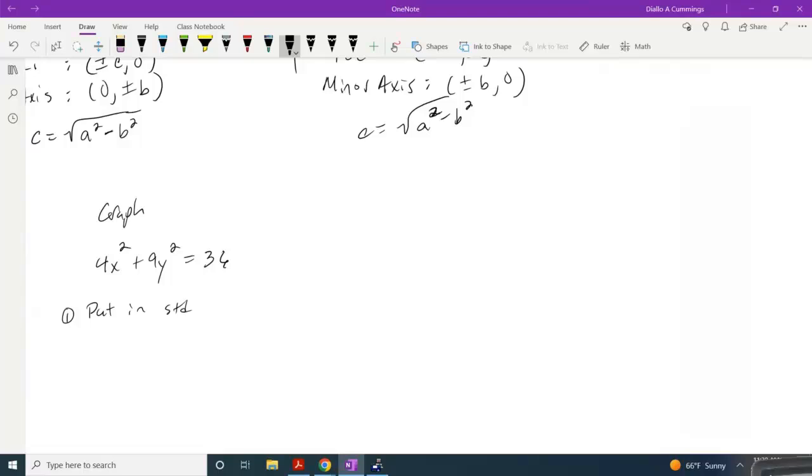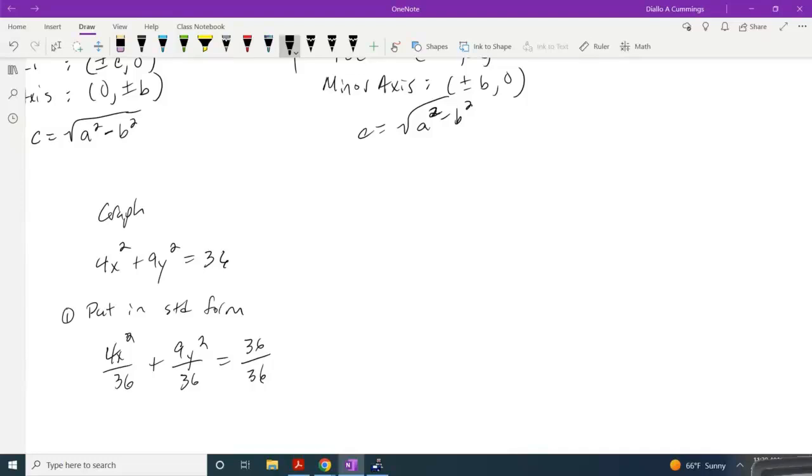The reason I'm choosing 36 is because on the right-hand side of our equation, anything over itself is 1, so I put 36 over 36. Whatever you do to one side, you have to do the same thing to the other. So I'm dividing everything by 36.